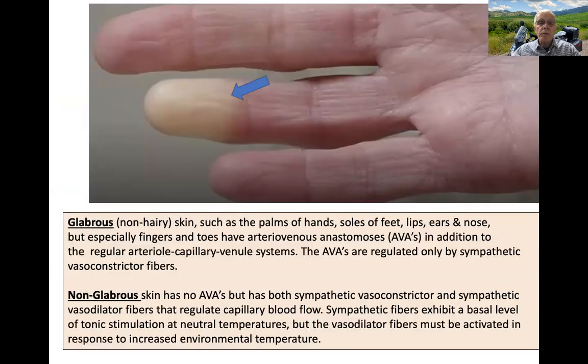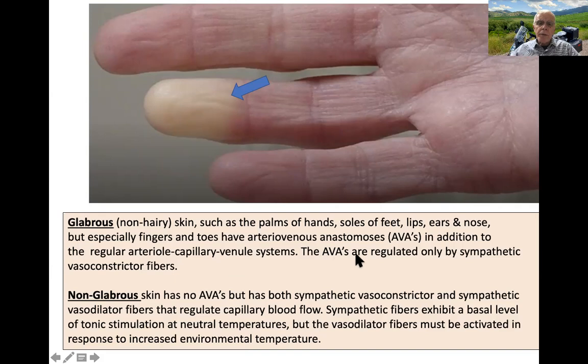There's one showing just a single fingertip. This is usually in non-hairy or what's glabrous skin. So again, as I've said, feet, palms of the hands, ears, nose, especially fingers and toes, are very rich in AVAs. They also have the regular arterial capillary, venule systems.